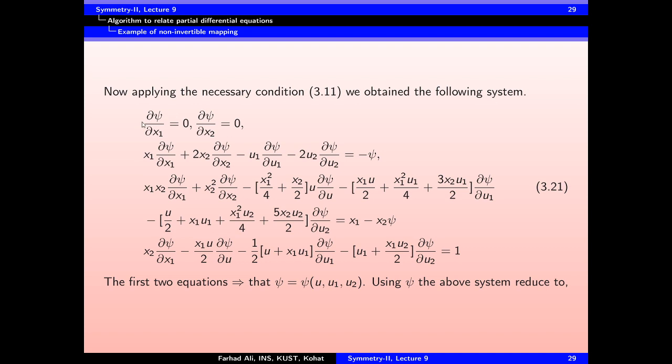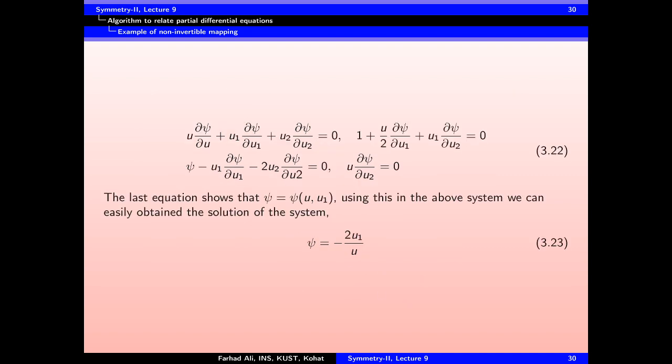So let's start solving this system. What do these two equations tell us? These two equations tell us that psi is independent of x1 and x2. It only depends on u and its derivatives. So putting that information in the given system, the system reduces to this one.